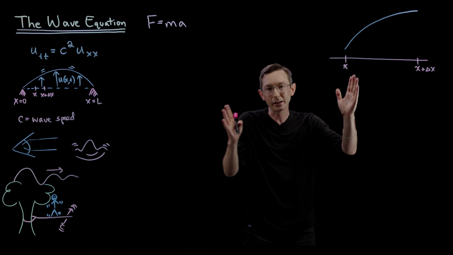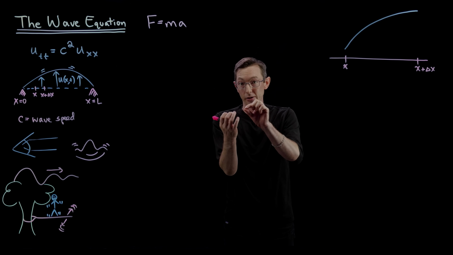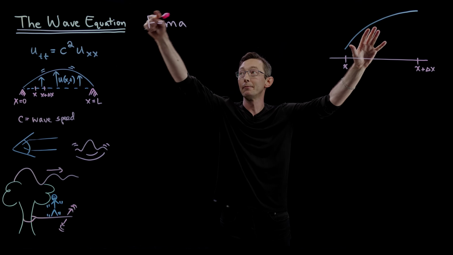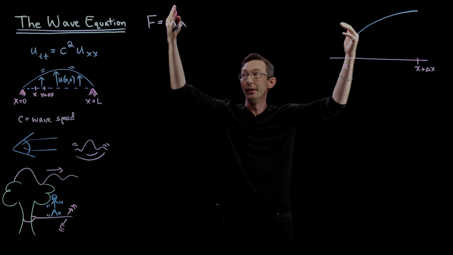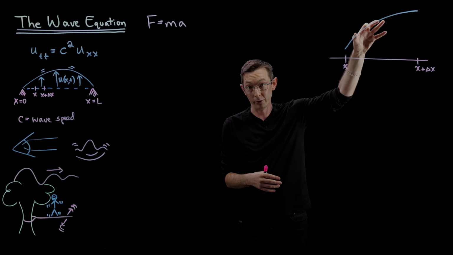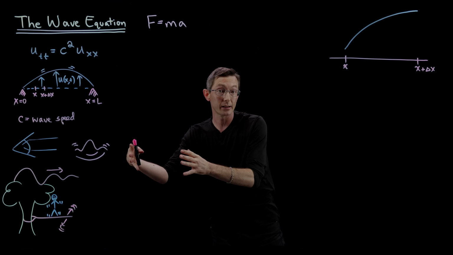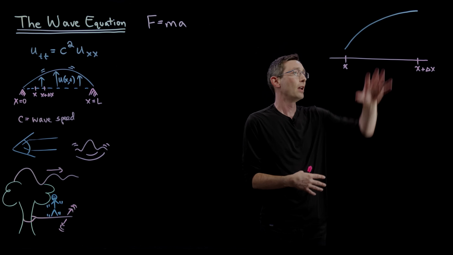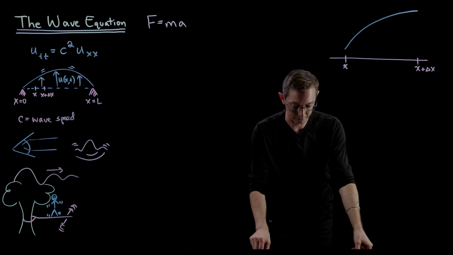And this is a tiny little infinitesimal section of my guitar string, and we're literally going to compute the forces, the masses, and the acceleration on this little section of string that's vibrating. We're going to make some assumptions about what can be happening, and then we're going to derive things.